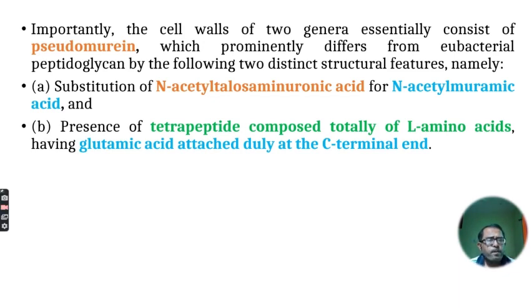Then in the cell wall pseudomurein of the halophilic bacteria, there is a presence of a tetrapeptide L-amino acid chain.